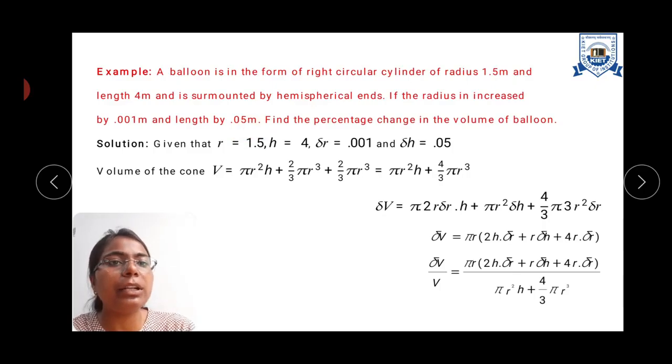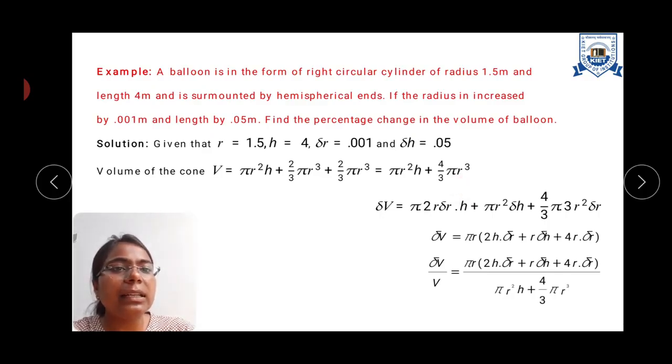So we will denote it del r is equal to 0.001 and del h is equal to 0.05. So the volume will be pi r square h for the right circular cylinder plus 2 pi by 3 r cube for the hemispherical ends. So its volume will be pi r square h plus 4 pi by 3 r cube.